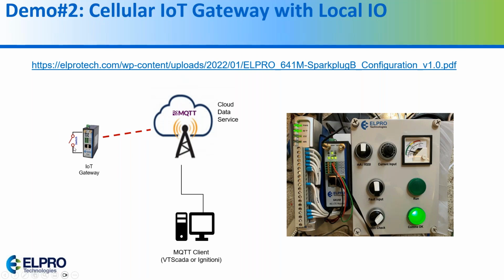I'm going to produce, or publish, the switch changing state on the front of the unit, which is this cable right here. It's going to send it up to the MQTT broker in the cloud, and then I'm going to connect to it and show you that value change within VT-SCADA that I'm running on my computer, and also Ignition.